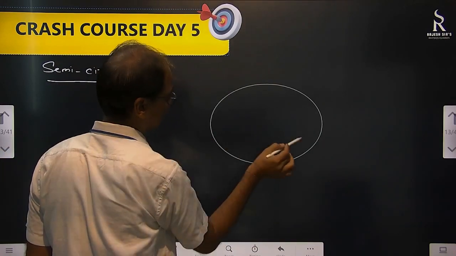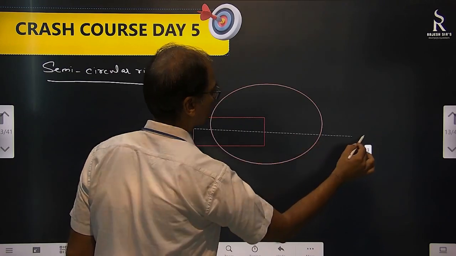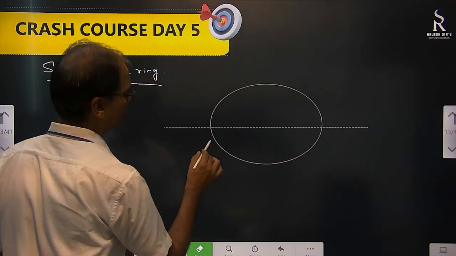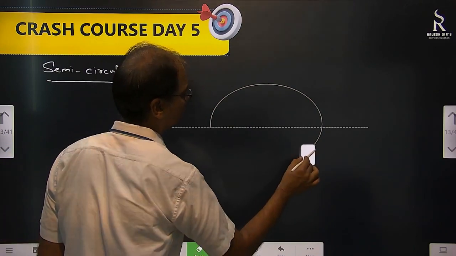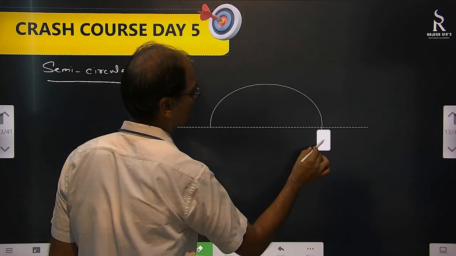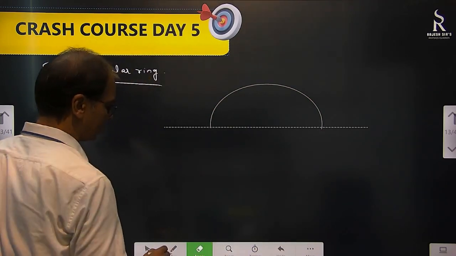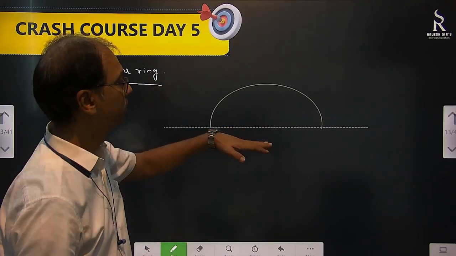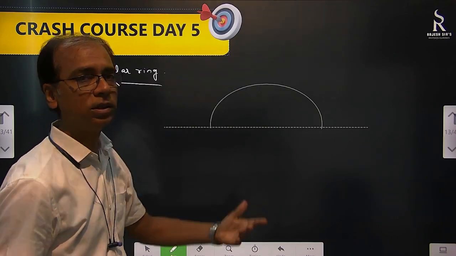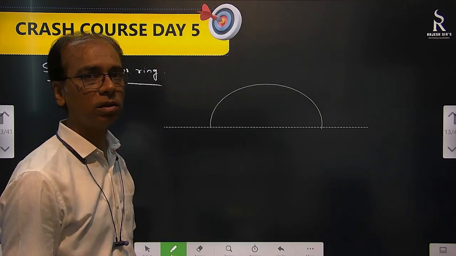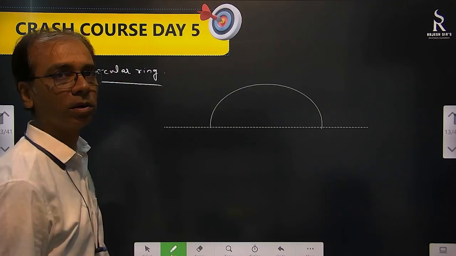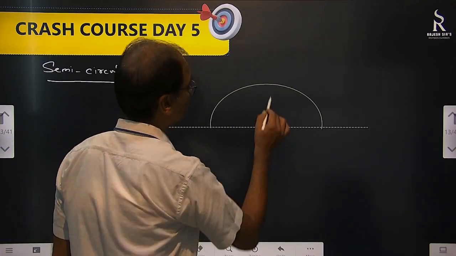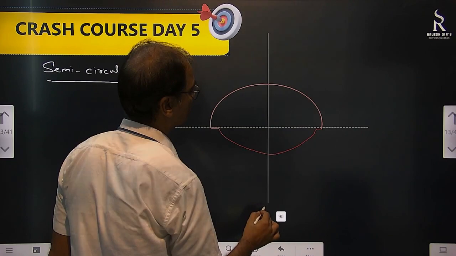Now, if this is a full ring, it is symmetrical about the x-axis also, symmetrical about the y-axis also. But when you say semicircular, then obviously it is symmetrical about the y-axis, no doubt about that. But it is not symmetrical about the x-axis. If this is the x-axis, you have something above, but below nothing is there. It's not a symmetrical thing. But about the y-axis, it's symmetrical. There is no doubt about that.